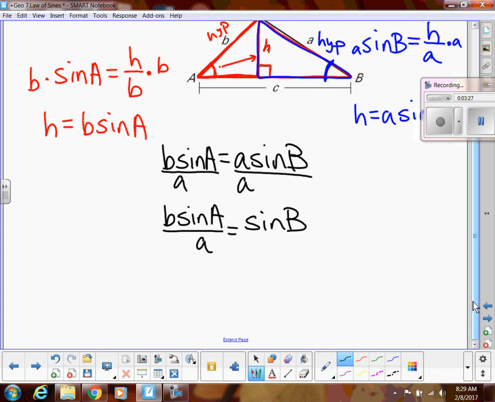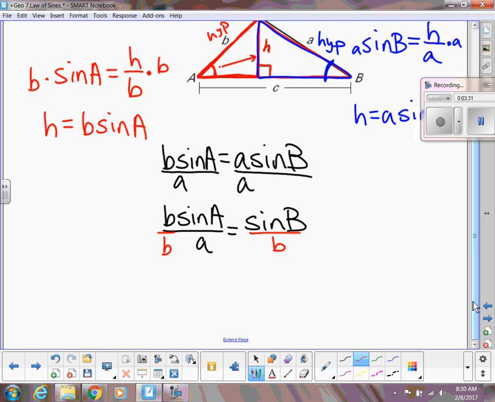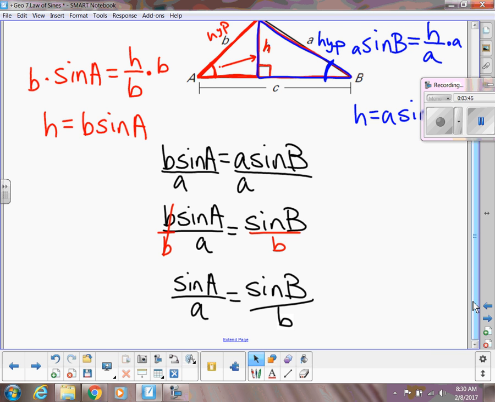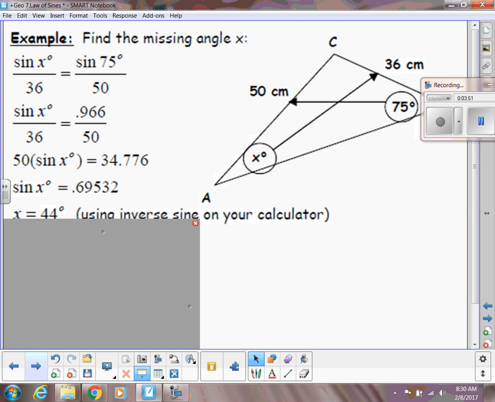And then if I divide both sides by B, I get sine of A over little a is equal to the sine of B over the little side b. And that's just proving the law of sines. So let's use this.